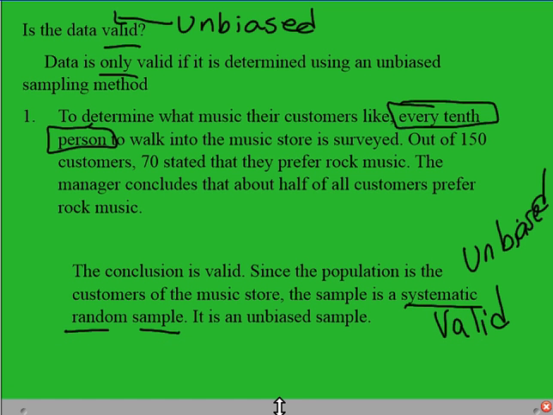Okay? Hopefully that makes a little sense to you. Let's look at another example. In your notes, please make sure that you're thoroughly filling in the blanks on this explanation, since I'm looking for you to be able to explain why a conclusion is valid or not valid. You really need to be able to do that.